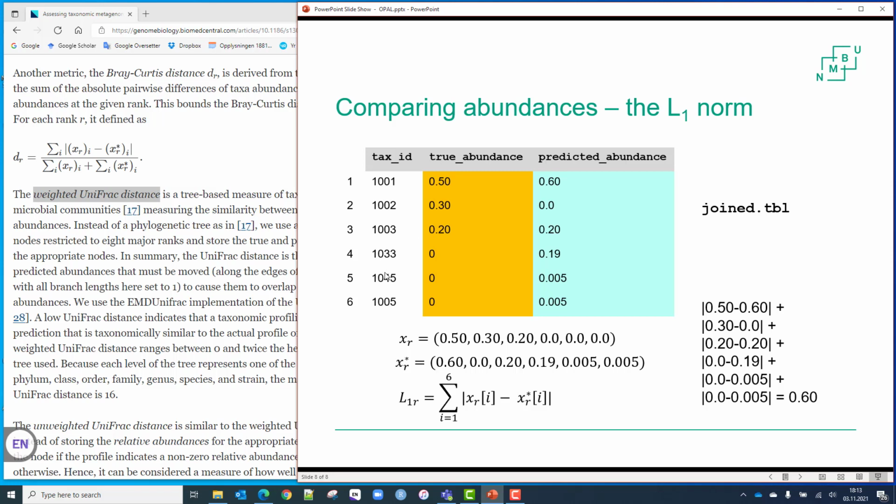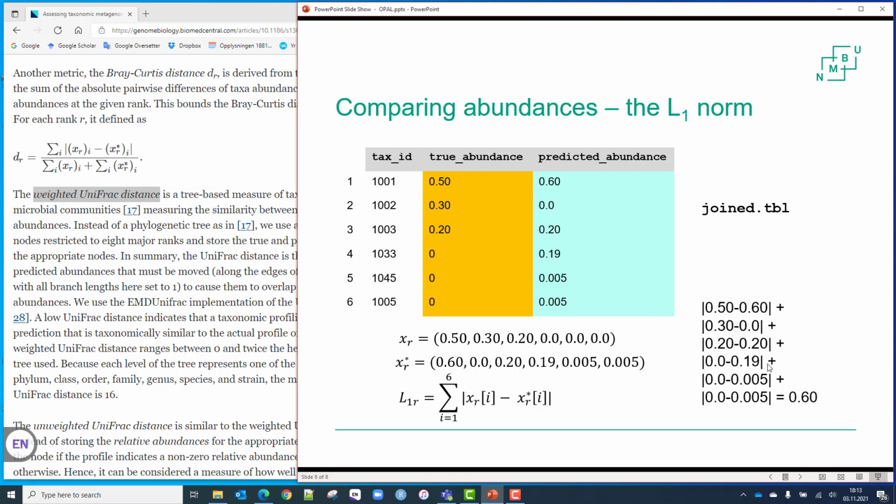So a weighted unifrac distance is more cumbersome to compute because then you also need a phylogenetic tree for these taxa, saying something about which is closely related and which is more distantly related. And then you have to use this as a weight when you compute these differences here. It's actually sort of an extended Manhattan distance in a way, but with some weights.